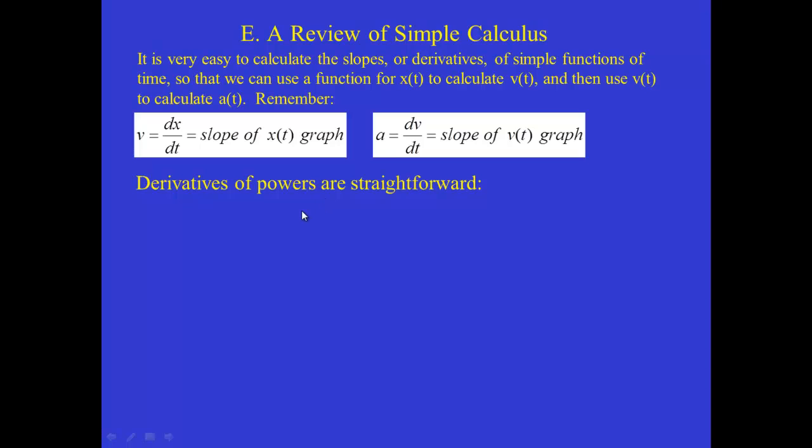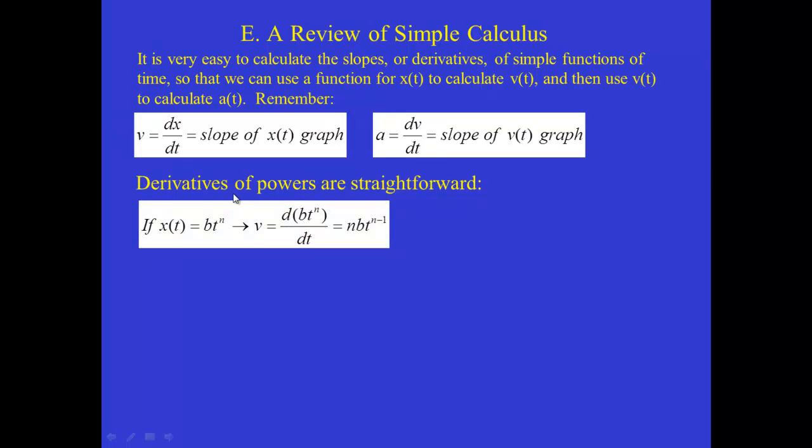So when you have a function, x of t, let's say, that has a very simple power type dependence on time, all of the parts of the position function are terms that have time to a certain power. Okay, then calculating the slope is really easy. So here, using symbols, imagine that x of t, the position versus time, is given by a constant b times the time variable to the nth power.